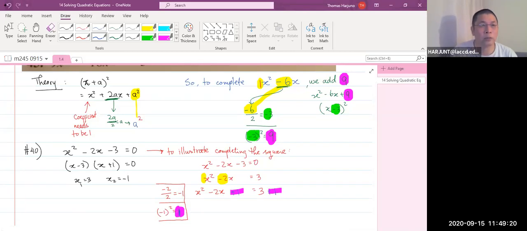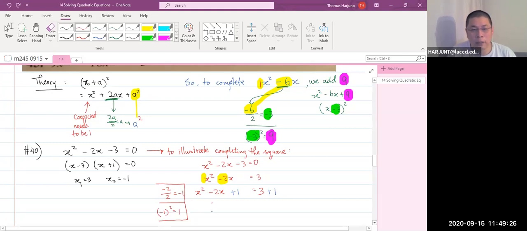Then on the left hand side, I will get x minus 1 squared. On the right hand side, I get 4. Now from here, you continue with the square root property.